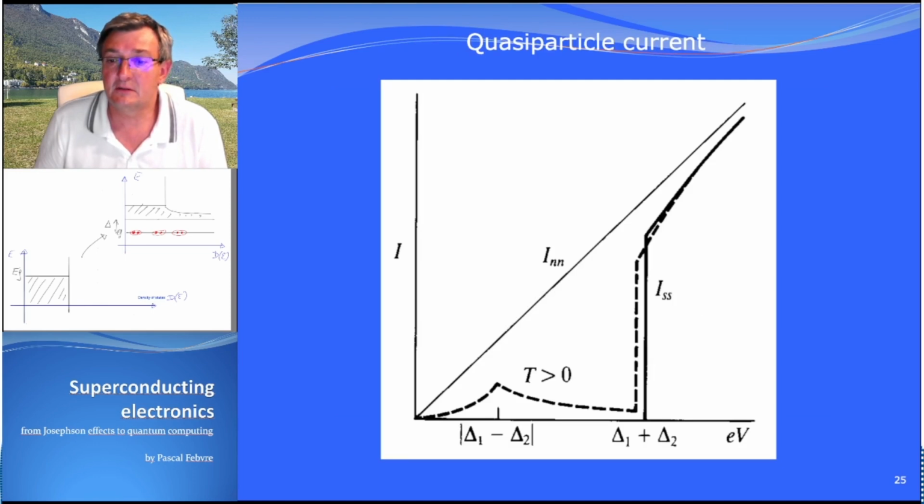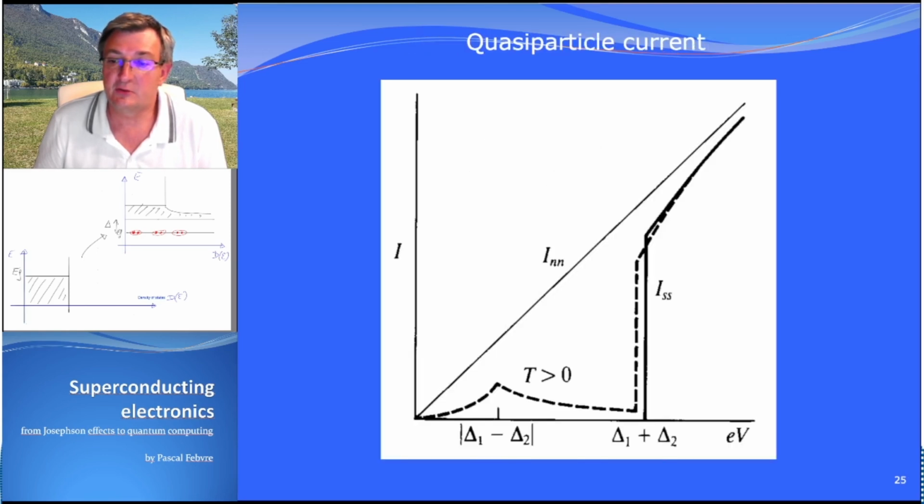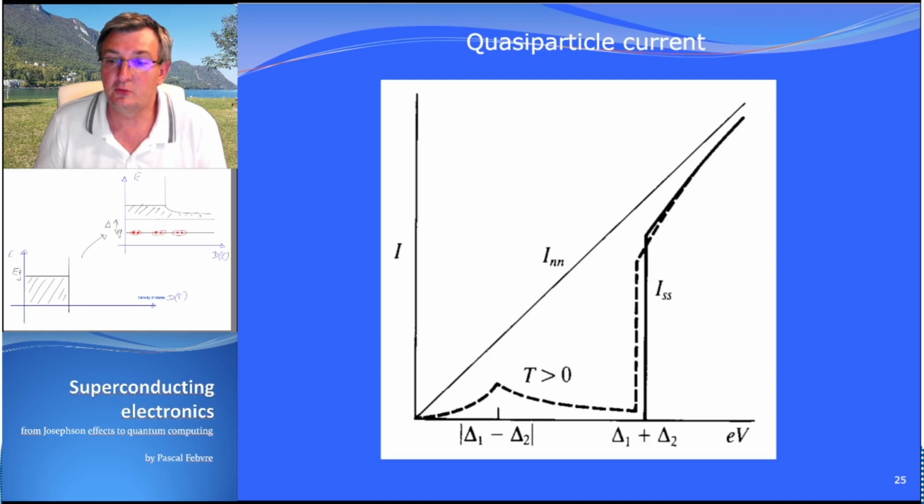You can see here that if I just consider the quasi-particle current, just the one associated to this hatched part, if delta 1 is delta 2, it's the same superconductor on each side, you have just a little current sometimes at 0 voltage, and the main current is at the gap and above.